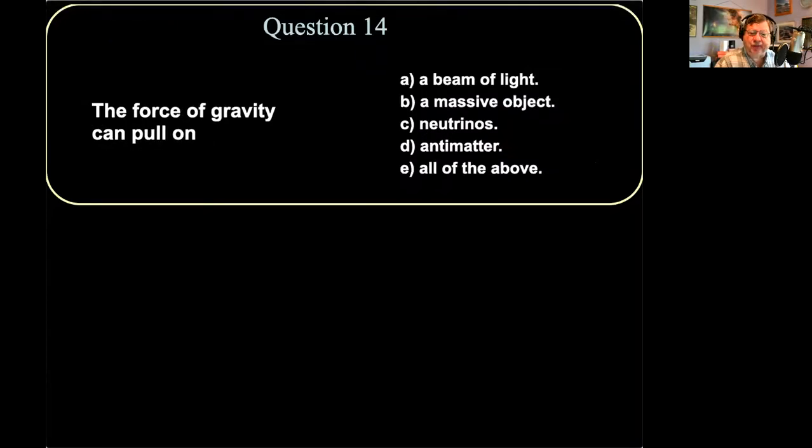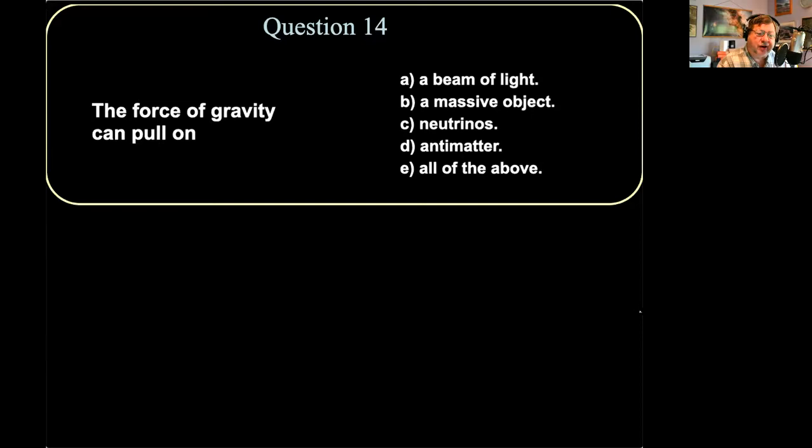The force of gravity can pull on... 5, 4, 3, 2, 1.